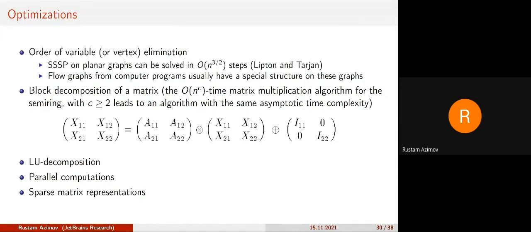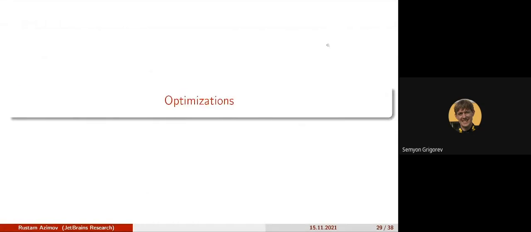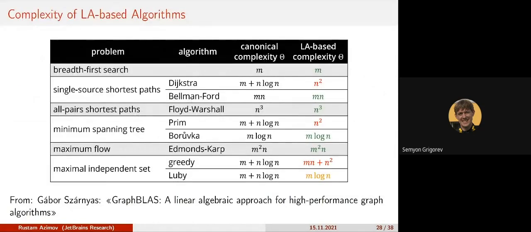Sorry, Rustam, may I ask a question about the previous slide? Is it right that all presented algorithms can be reformulated in terms of the algebraic path problem framework? It depends on the author.